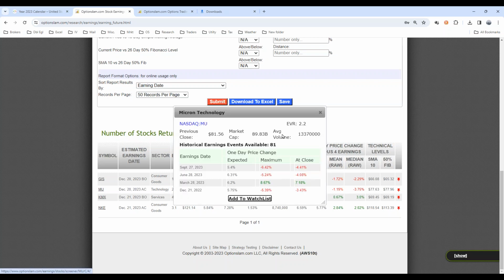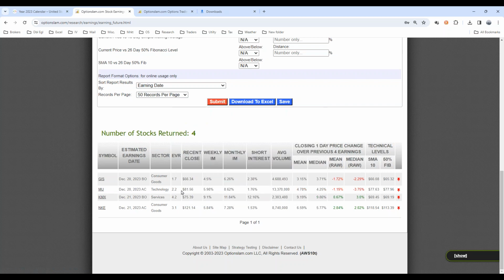Are the 2 stocks that I intend to pick on today fairly low? It's not super low. Actually, it's fairly average. Average EVRs are between 1 and 3 to 3.5, depending on how you want to think about it. As you can see, anything when you get over 3.5 or 4, now you're getting into a more volatile stock.